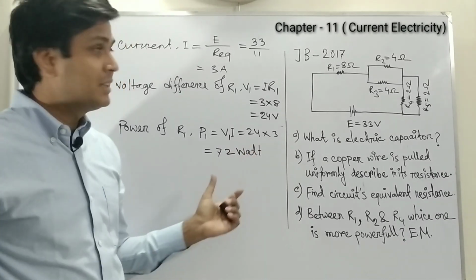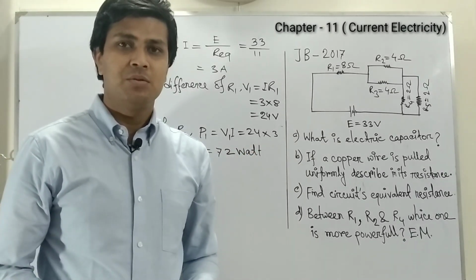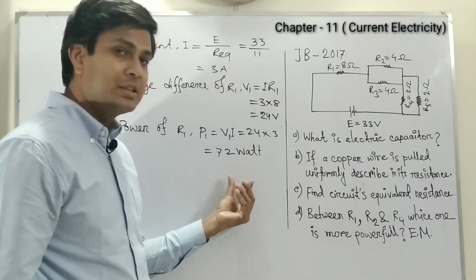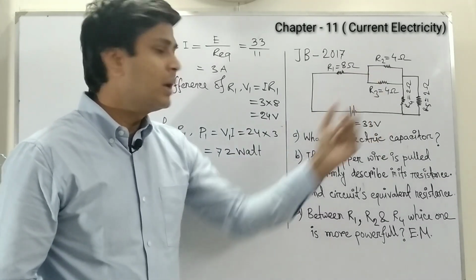So the power of R1 is 72 watt. In a similar process, we have to calculate the power of R2 and R4.